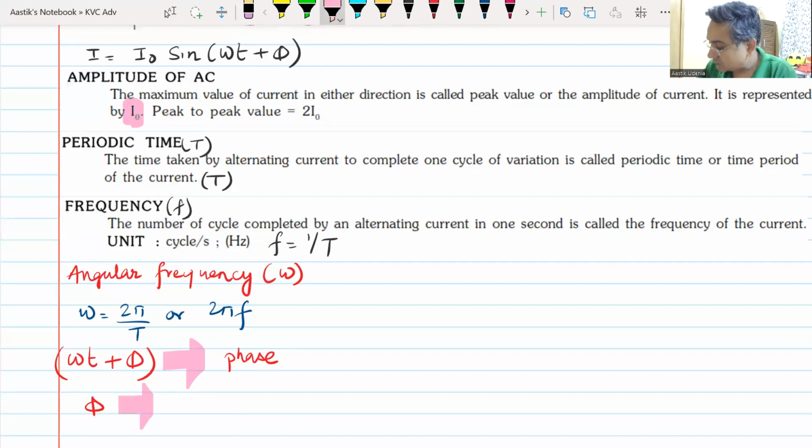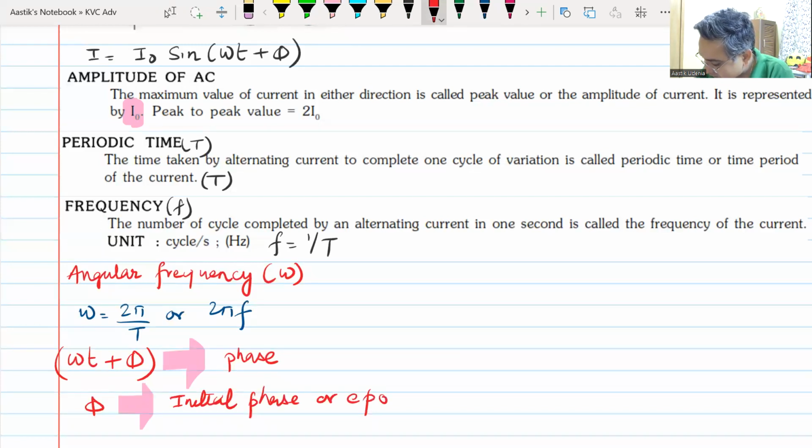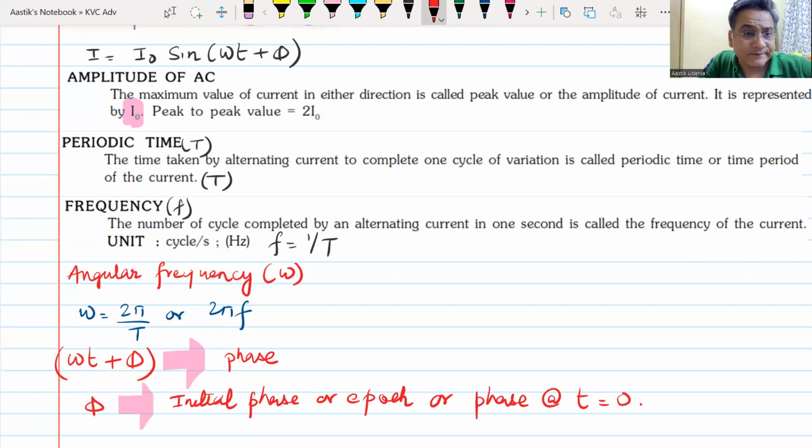Phase difference. This term phi is known as the initial phase, or it is also known as epoch, or it is known as the phase of the wave at time t is equal to 0. Give you 2 minutes to note this down.